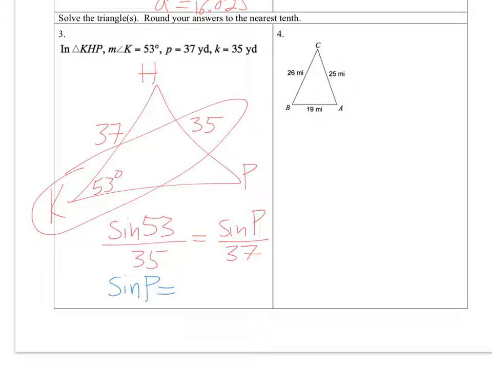Sorry, that ended up in the bottom of the fraction. Times 37, so we get 0.8442, there we go, that's better. Inverse sine to both sides. And we get an angle of 57.586.